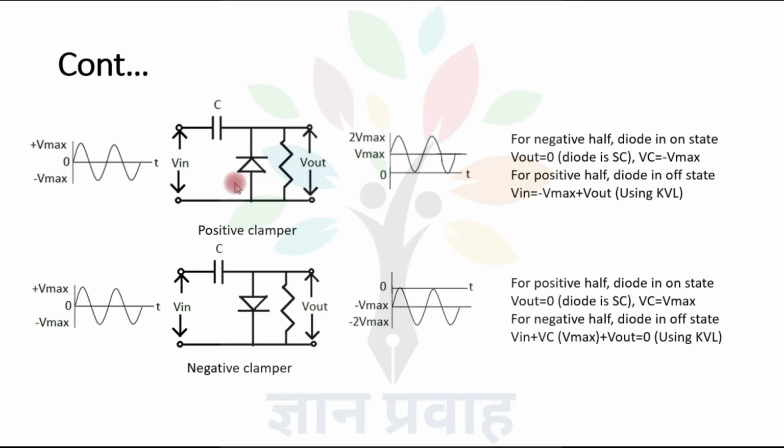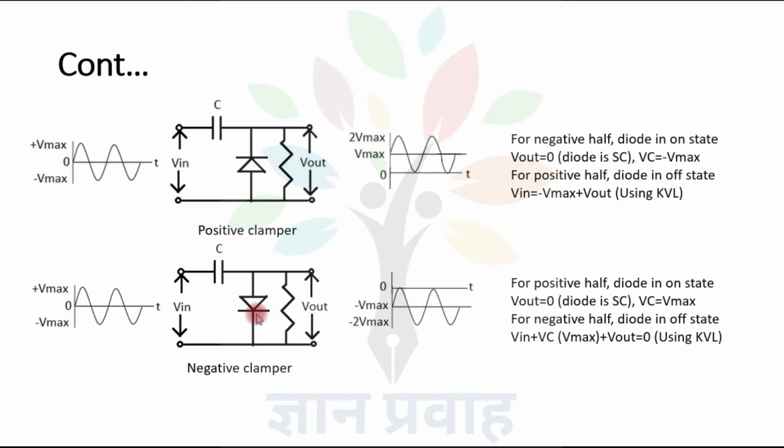Vin equals Vc plus Vout. So Vin equals minus Vmax plus Vout. So Vout equals Vin plus Vmax, and the maximum value of Vin is Vmax. So Vout is twice Vmax. So the maximum value of Vout is twice Vmax and the minimum value is 0. The nature of the input waveform is not changed, only the level is shifted.